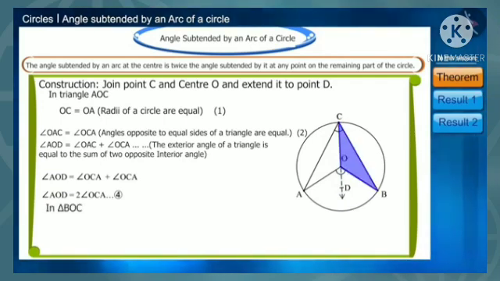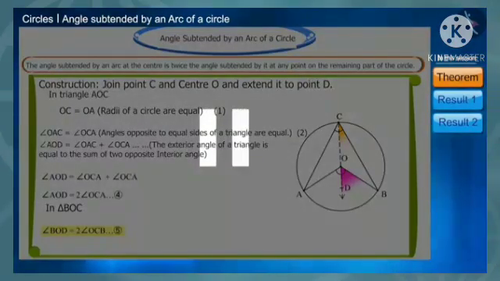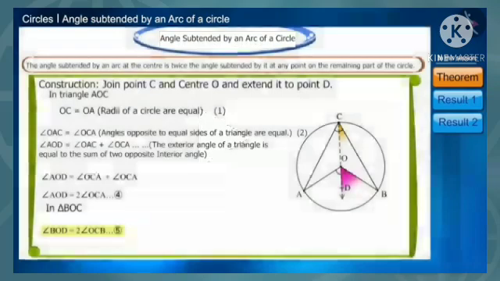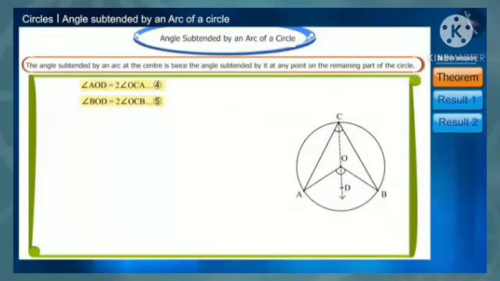Friends, if we repeat the same procedure for triangle BOC, we will get an equation where angle BOD will be equal to twice the angle OCB. Do it yourself by pausing the video. Now adding equations 4 and 5.